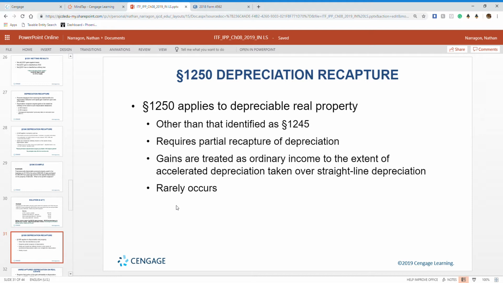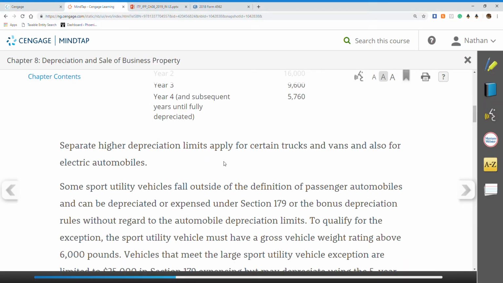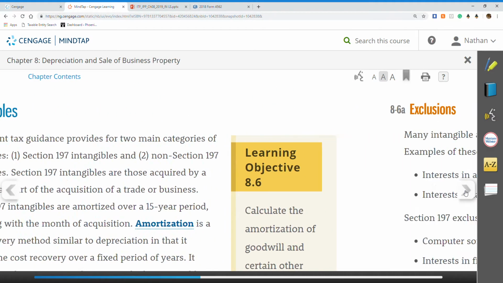We don't really see much of this, and this requires partial recapture of depreciation. It's very unique, and I don't even remember any examples, to be honest. Gains are treated as ordinary income to the extent of accelerated depreciation taken over straight line. So again, more complex rules, and it rarely occurs.